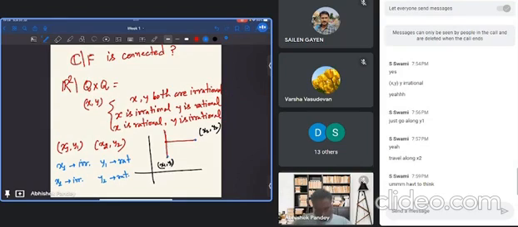Any idea? Anyone else? Someone suggests traveling along x2. Now if you travel along x2, you want to travel like this. So y is rational, and x2 is also rational.